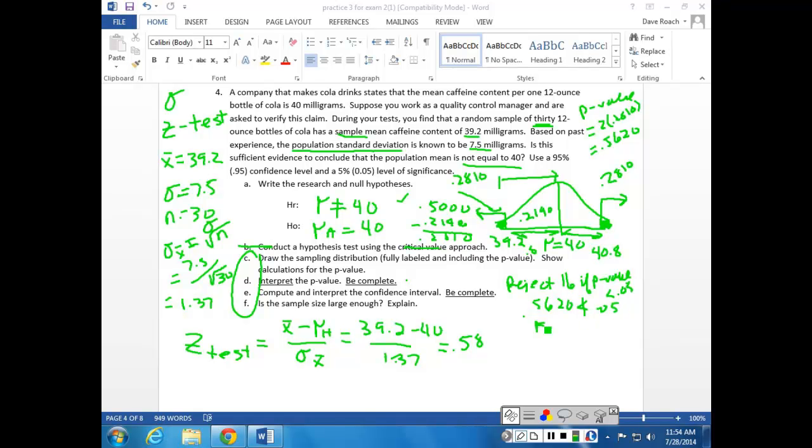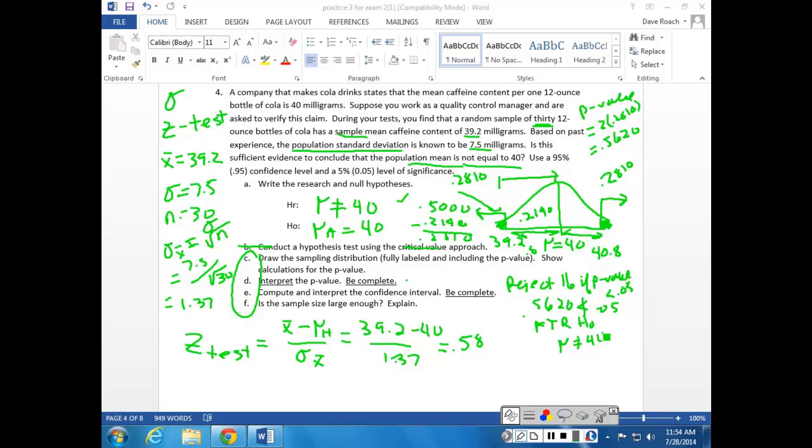So we fail to reject H0, and conclude that the population mean is not equal to 40 and that you're not filling the bottles correctly.